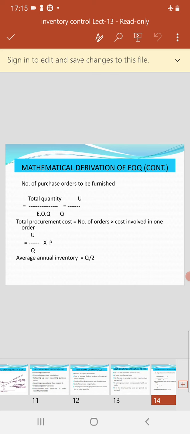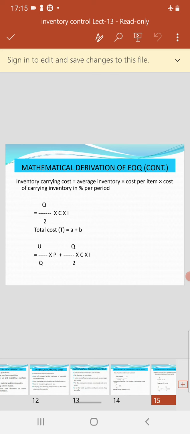Then our maximum inventory is Q. So we have calculated average annual inventory is Q by 2.